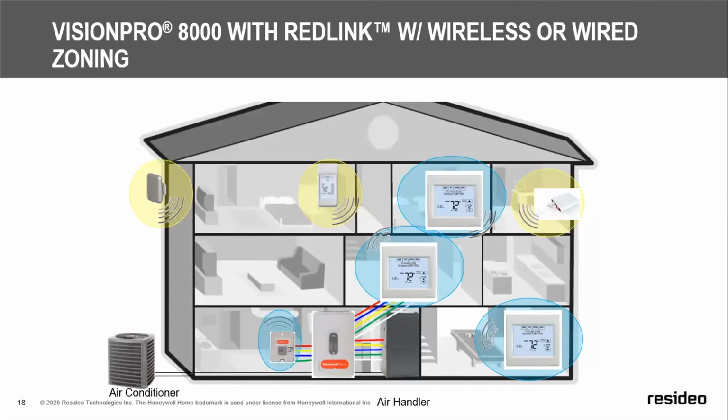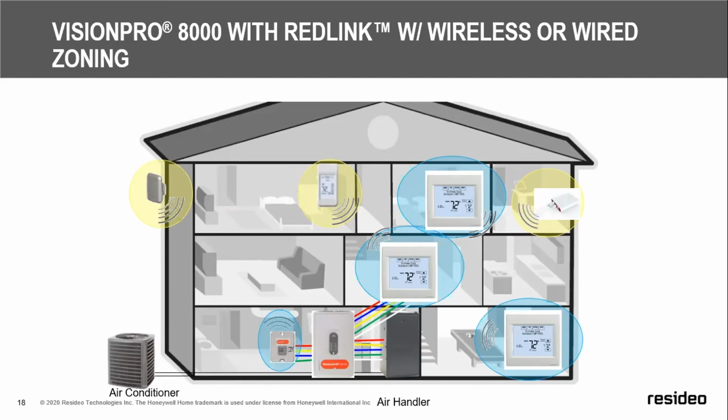Okay, and now we've got the RedLINK thermostat. So here is where their flexibility comes in. You see the one in the center of the house, it was easy to run all the hard wires to the sub base of that particular thermostat. So perhaps the contractor decided to go that particular route. But the one on the top floor as well as the one on the right side of your screen is 100% battery operated, and they will be communicating the heat cool calls to the wireless adapter to the left of the zoning board.